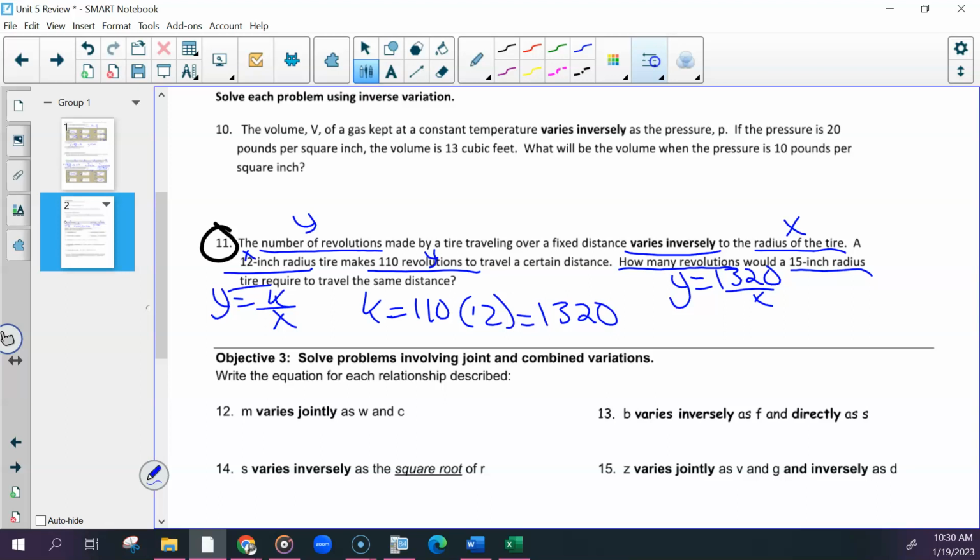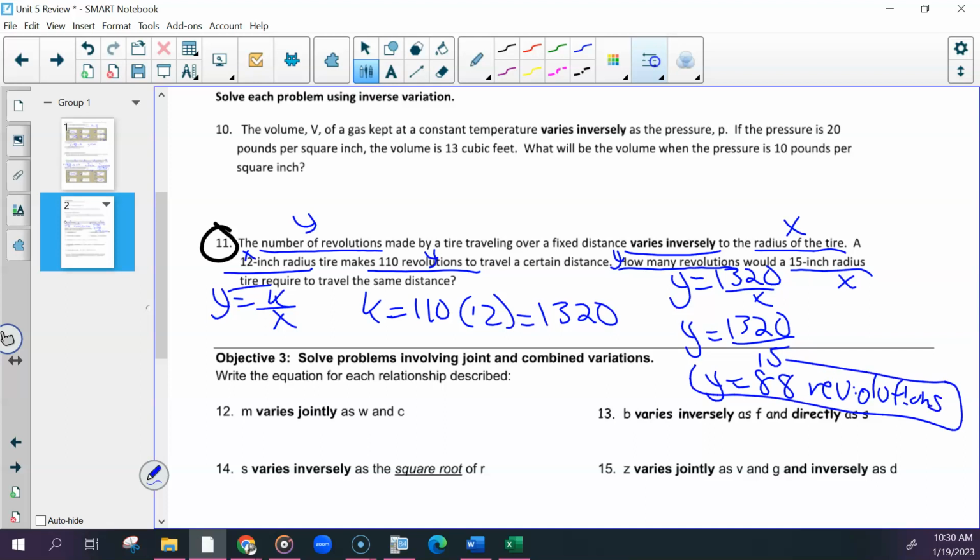Sorry, y. We're looking for y, the revolutions, because we have x. So put 15 in for x. 88 revolutions, yes. Make sure you're also including the word revolutions there, okay? Questions on that one?